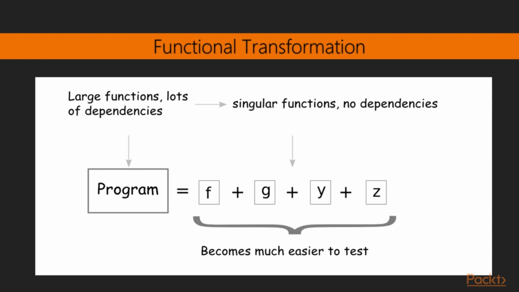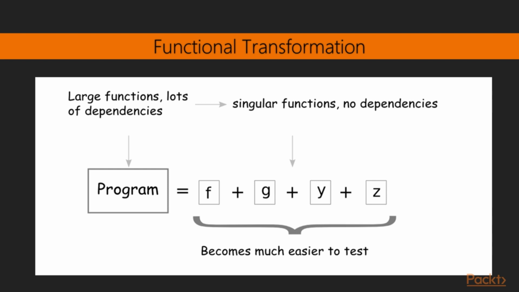As we take large functions with lots of dependencies and transform large monolithic programs or functions into a set of singular functions without dependencies that have clear inputs and outputs, these much smaller chunks become much easier to test. The reason for this is a general rule of thumb that functions with a smaller set of arguments tend to be a lot simpler.